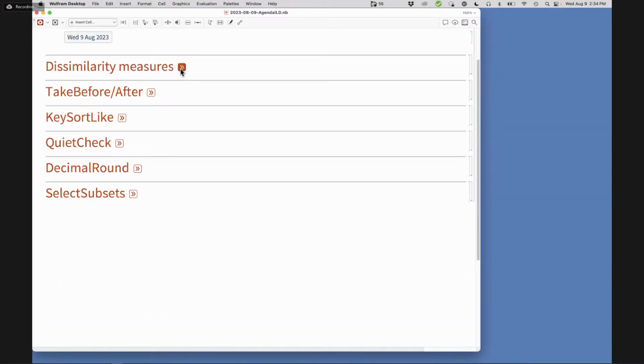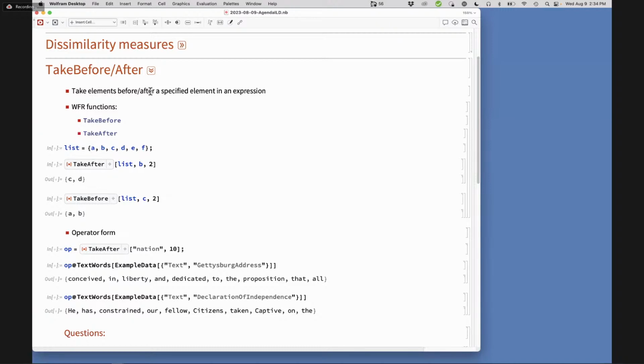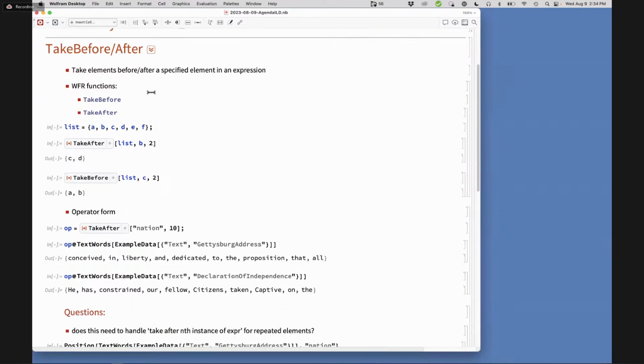So, okay, TakeBefore and TakeAfter. These are two related WFR functions that are fairly popular, effectively figuring out the position of a given element and then extracting either the following or preceding elements.